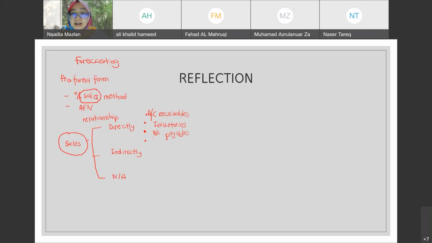Is there anything else that can be put here? This is just an example, okay, guys. This is among the things that you can find and check. This one is directly affected, meaning that for any increase in sales, we check the percentage and multiply with it. Accrued expenses are also part of directly.